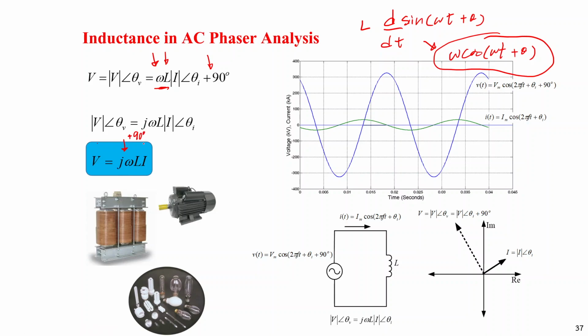Here the current will shift. So if we have the voltage with this vector, the current will be here. It will have an angle between voltage and current of 90 degree. Okay, 90 degree. So the current multiplied by the phase shift j, or 90 degrees, becomes the angle of rotation, right?